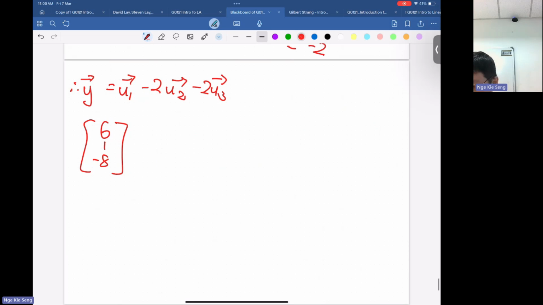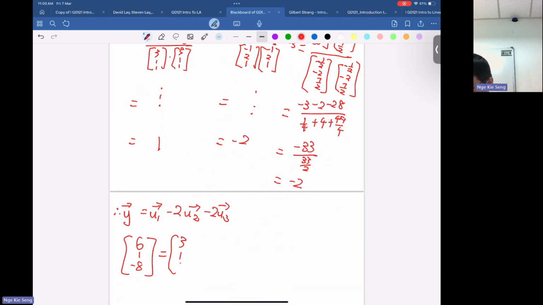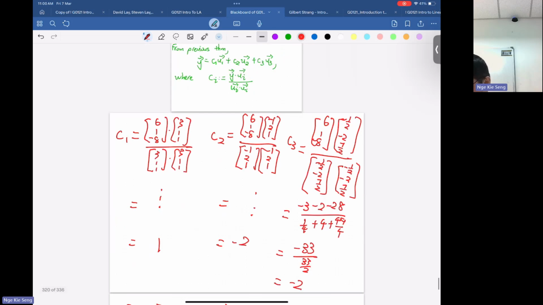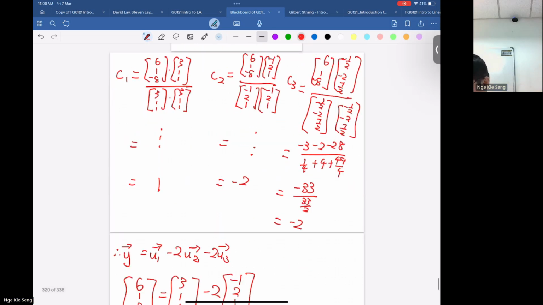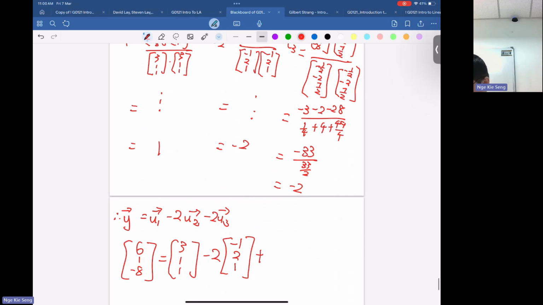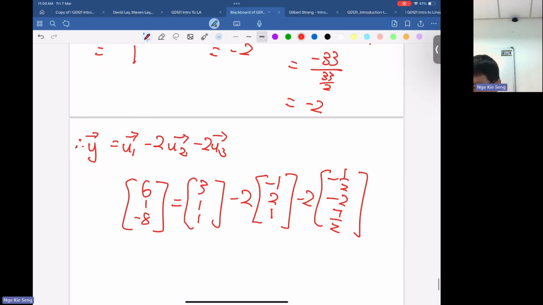And then u1, and minus 2 u2, -1, 2, 1. Here I got a -2. Can you check that this is actually true? Quickly do it by inspection.